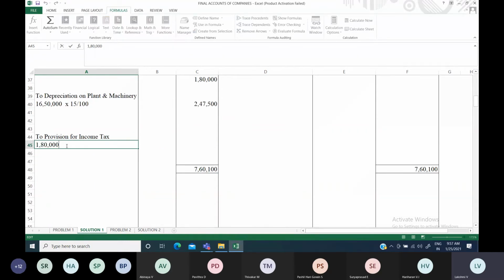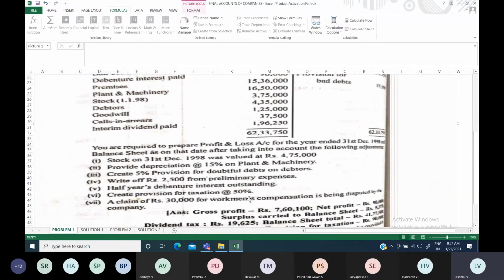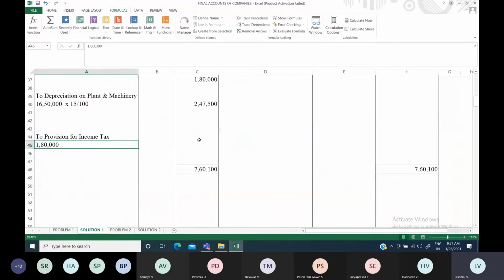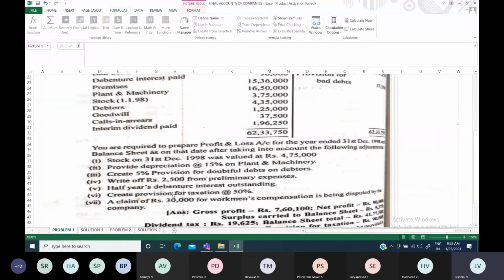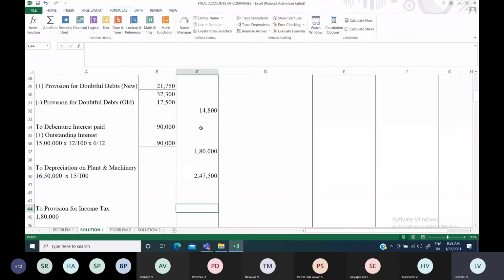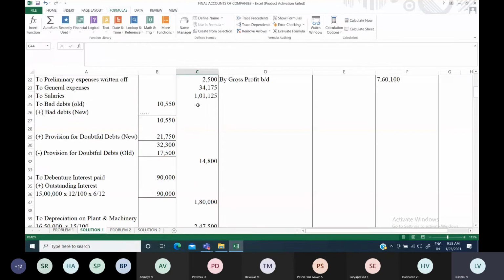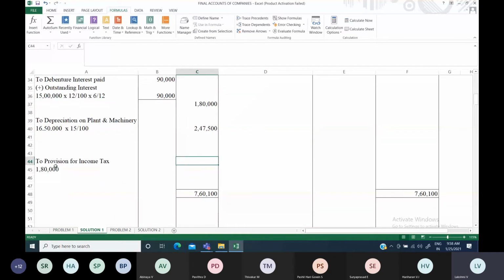Okay, 1,80,000. If income tax and percentage are not given, then 1,80,000 will be our net profit. But in this question, income tax and percentage are both given, so we must know on what amount we have to calculate. You calculate roughly the net profit, and from that profit only we provide for income tax or taxation.